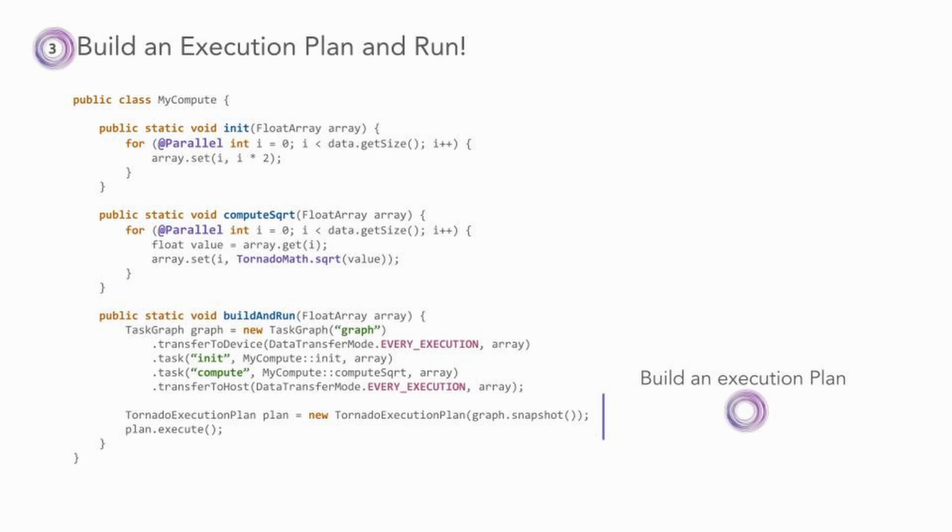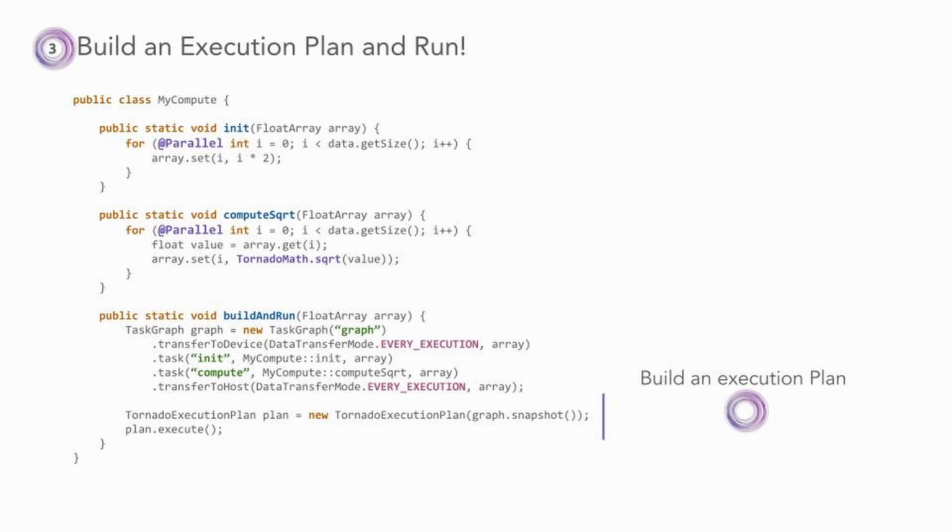How do we get an execution plan? Well, it's very easy. You build an object called TornadoExecutionPlan, and the parameter is an immutable task graph. It's an immutable task graph because a task graph by definition can mutate at any point during runtime. You can append new data and new tasks at any point.